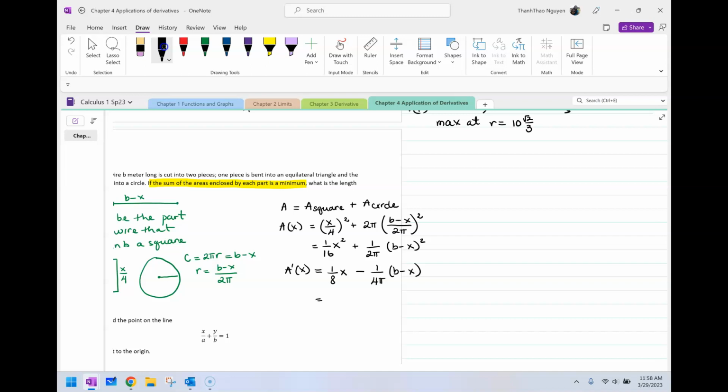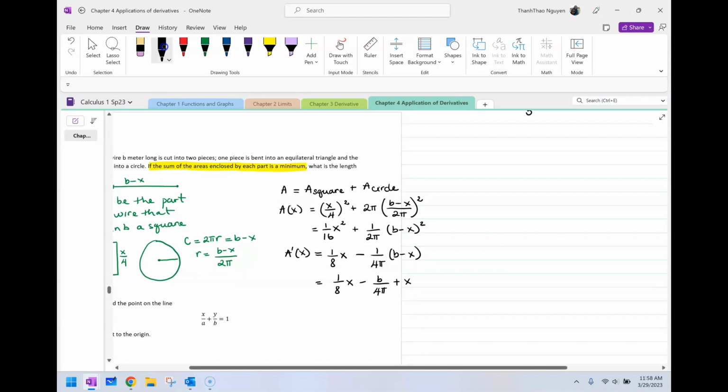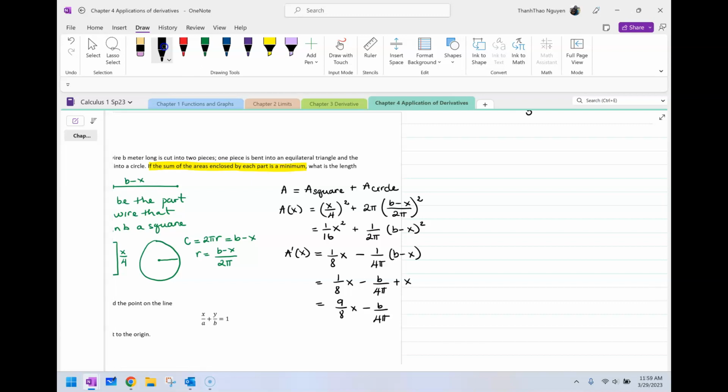Expand this out. So 1/8 x minus b over 2 pi plus x over 2 pi. Here we have 9 over 8 x minus b over 4 pi. A prime of x equal to 0 implies 9 over 8 x minus b over 4 pi equals 0.